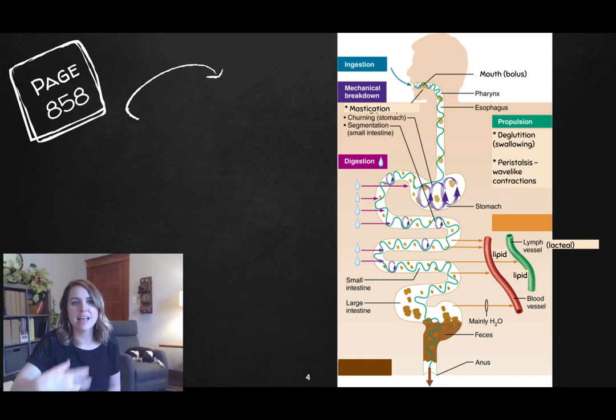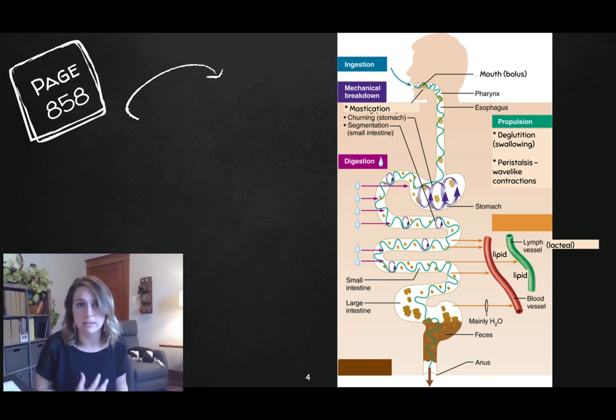That's digestion. All of these little liquid drops here show your accessory organs putting in liquid to break this food down in this process called digestion. So it's breaking it down chemically.